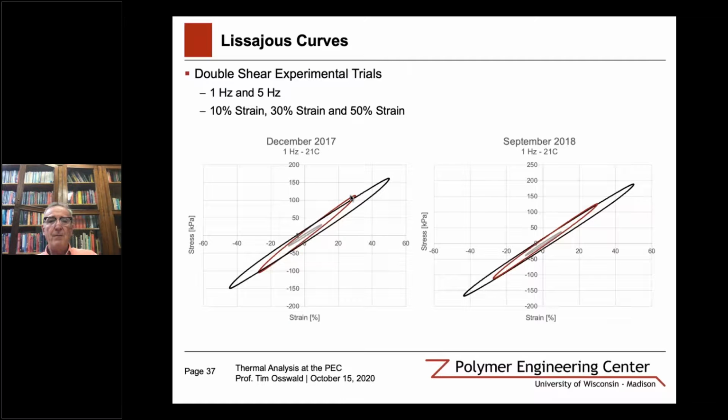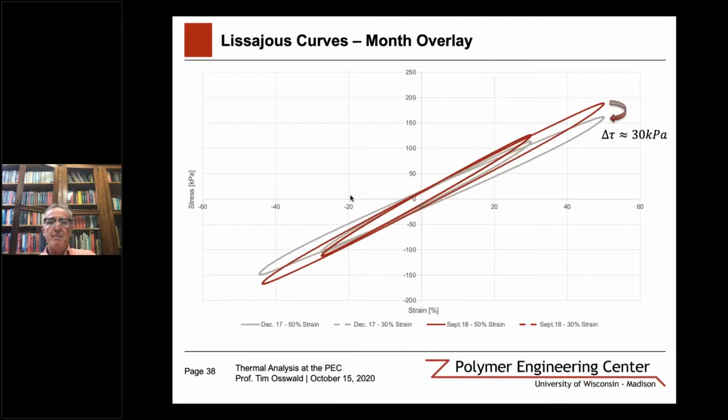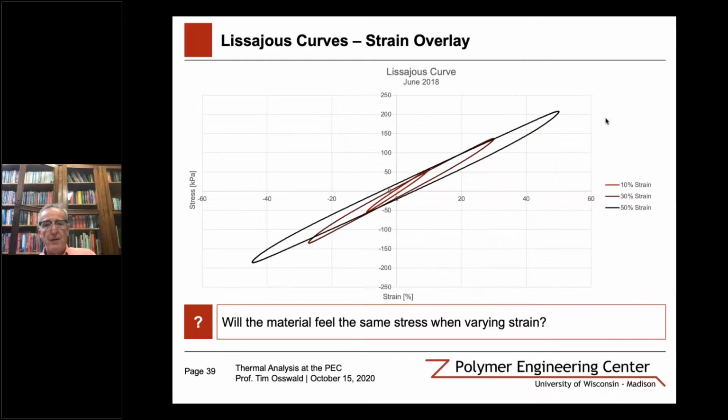So we can compare again different times, December to September. And you can see, and here we see 50% and 30%, a slight difference in the mechanical behavior, but they're relatively similar. That behavior doesn't change much as a function of rainfall.